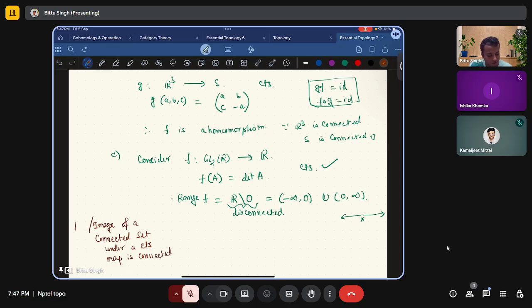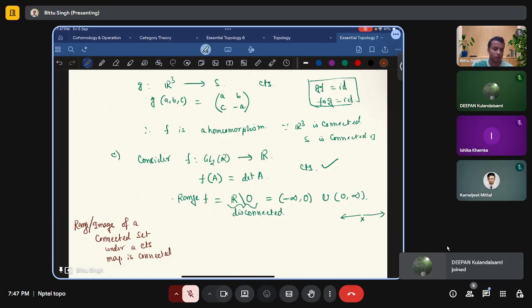Image or range, whatever we say. So therefore it should be clear, right? Therefore GL2R is not connected.